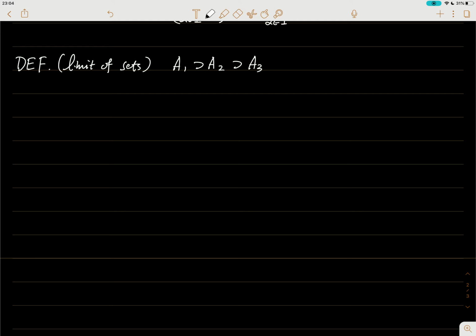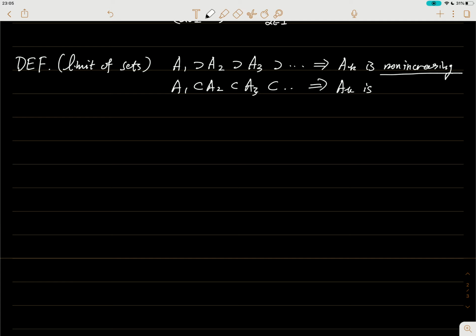So if I have a sequence of sets like this, then in this case we say that A_k is non-increasing. And similarly, if I have the sets the other way around, then it just means that A_k is non-decreasing.